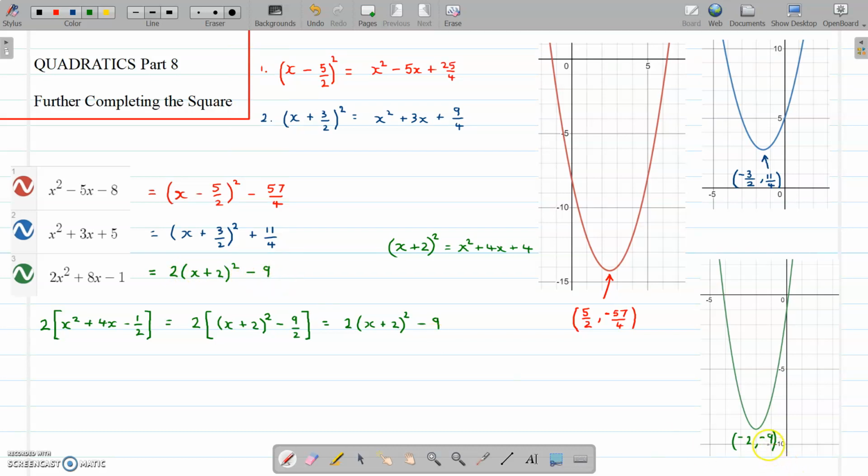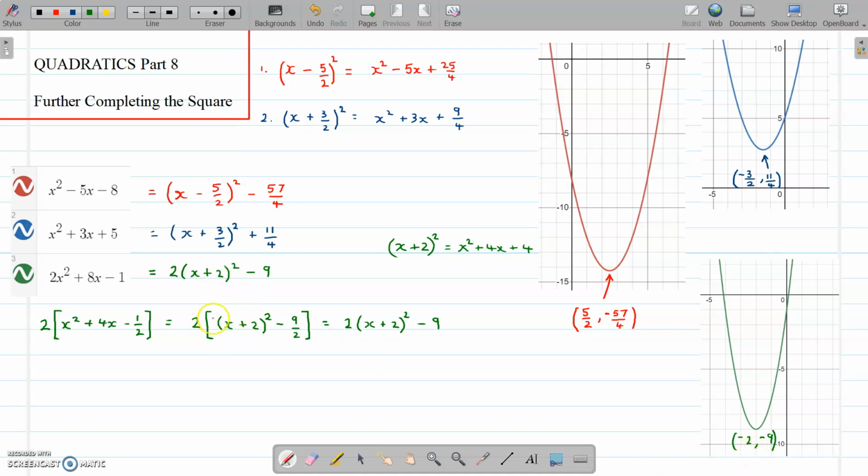So it does work. What confuses people is they think they need to do something with this 2. But when you think about it, all you're doing is setting this thing here to 0. So it doesn't matter if you've got a 2 in front of it or a 7 in front of it or anything. Whatever number is in this bracket here, it's the negative of that that becomes the x coordinate.